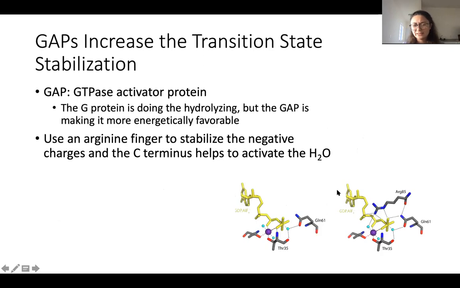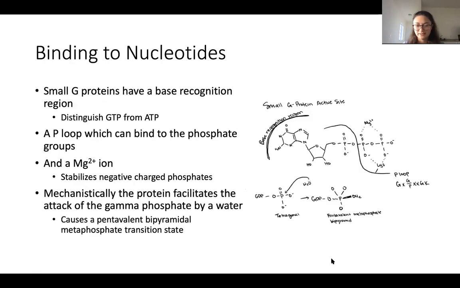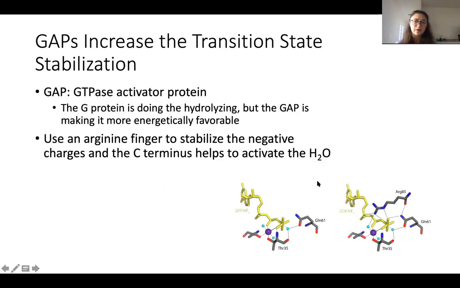And then also the C-terminus of the GAP is able to help activate the water, like we said. By activate the water, I mean, if you remember with the chymotrypsin, we said that the serine is not the best nucleophile. And so what we did was we deprotonated the OH on the serine side chain.